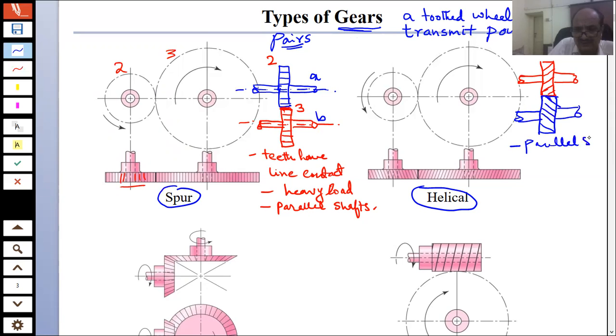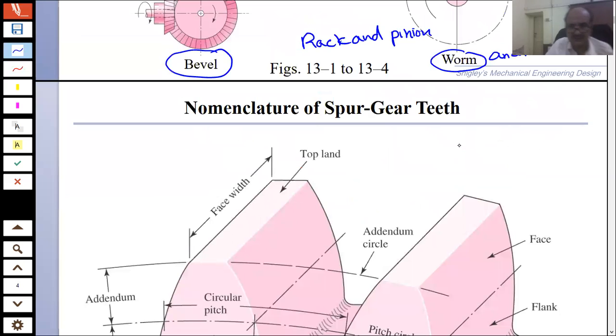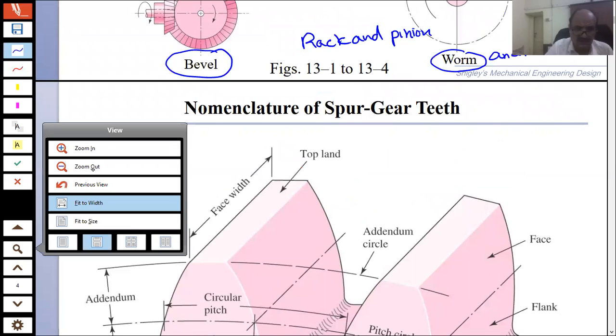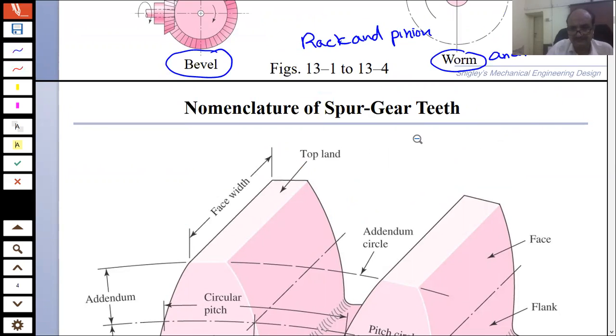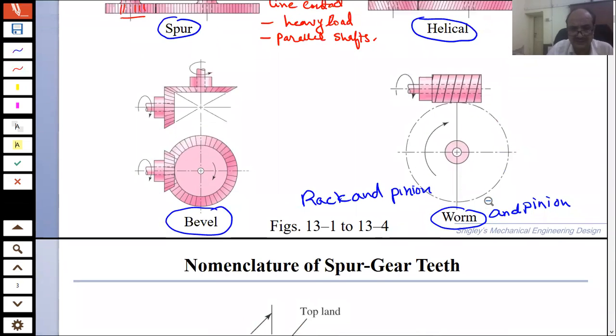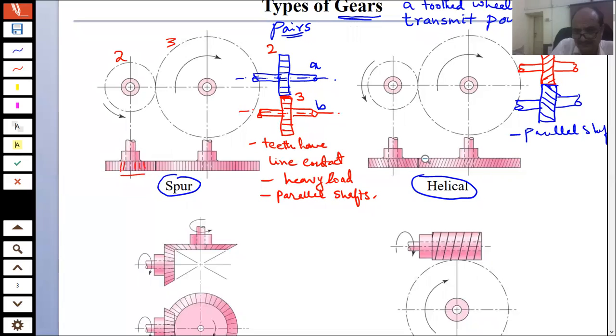for power transmission between parallel shafts. They are also, the teeth are at an angle, and that angle is known as psi, which is the helix angle.